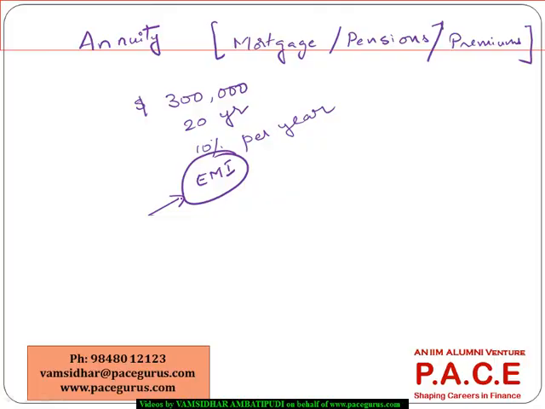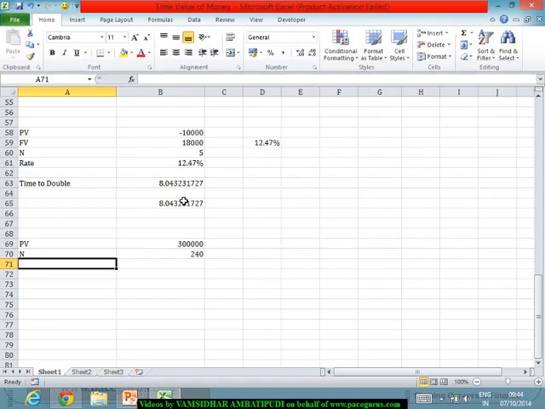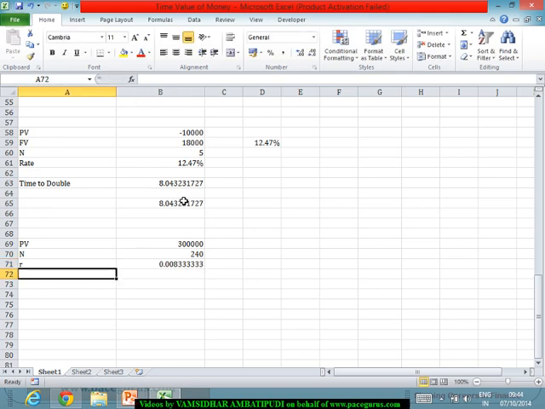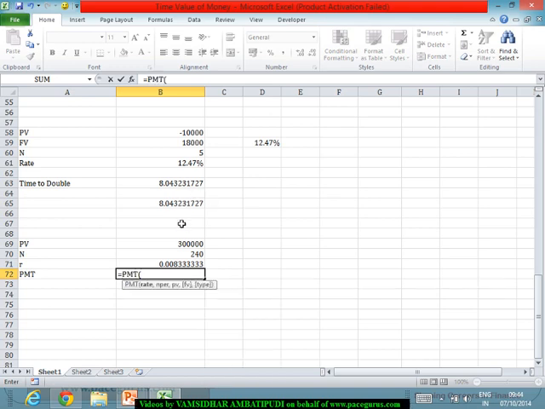The interest rate is 10% per year, but I want it per month, so 10% divided by 12 becomes my monthly rate. Then I compute PMT with this rate, number of periods, and PV.